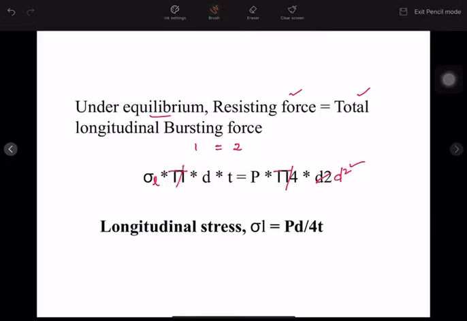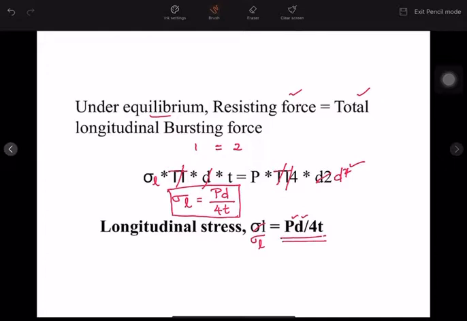Here we can cancel pi and pi, and d with one d. So ultimately we get sigma L equals P into d by 4 times t. This is our equation for calculation of longitudinal stress, that is capital P into d by 4 times small t.